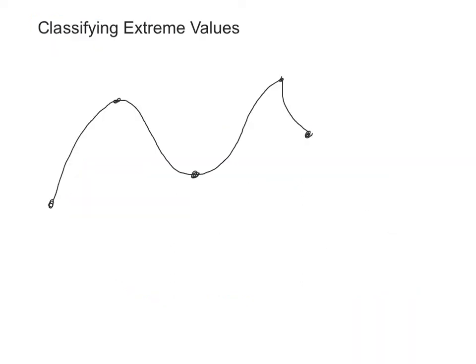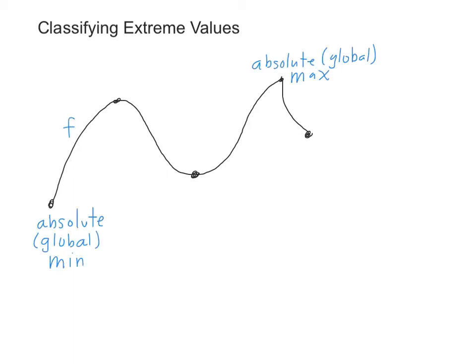Alright, so we can take this a step further and we can classify our extreme values. So take a moment and sketch this graph, which is what we're calling f. Okay, first, if we were to look at the absolute lowest point and the absolute highest point, we can classify these as, go figure, an absolute min or an absolute max.